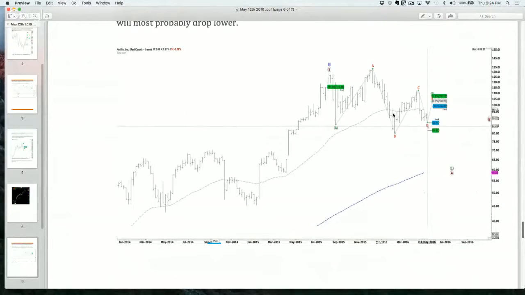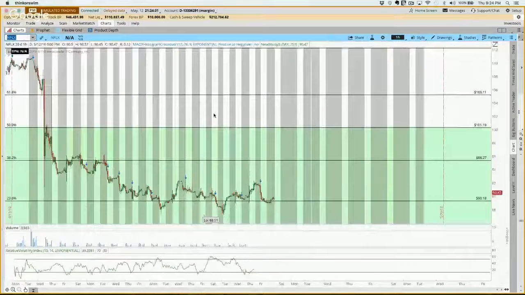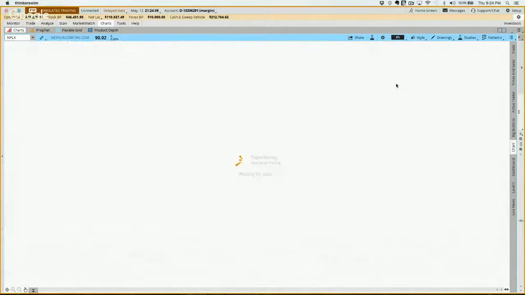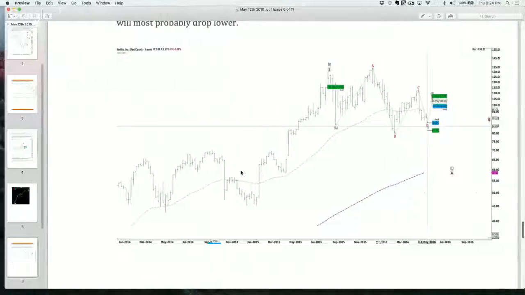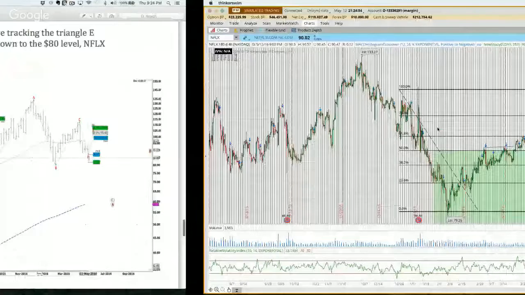Netflix could be heading into a triangle. So Netflix, let's look at Netflix. We have A, B, C, D, and E. E will be the final wave of the triangle.